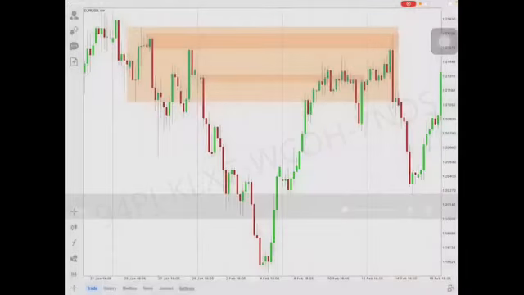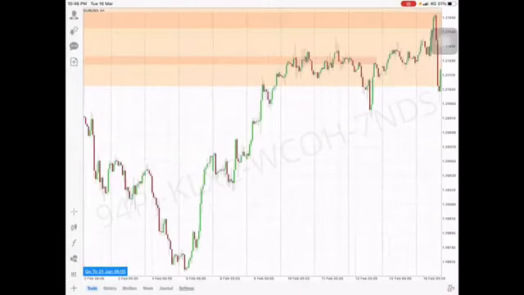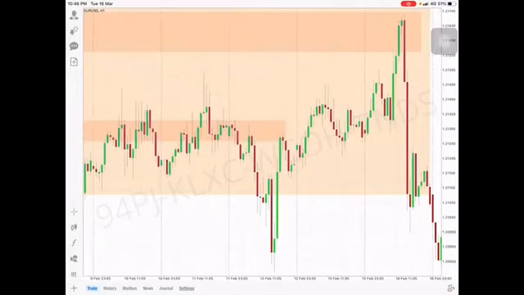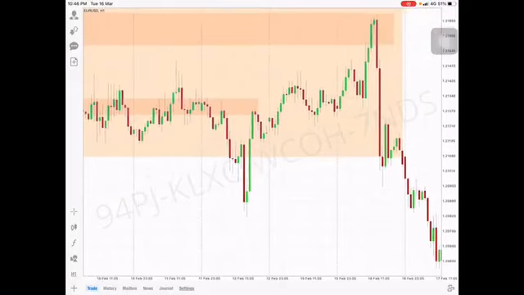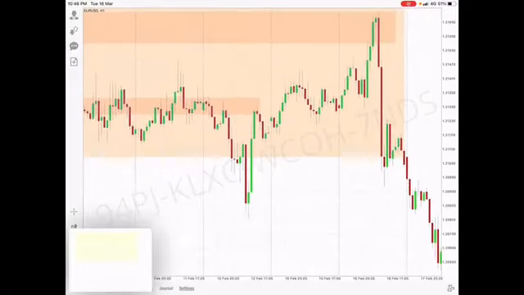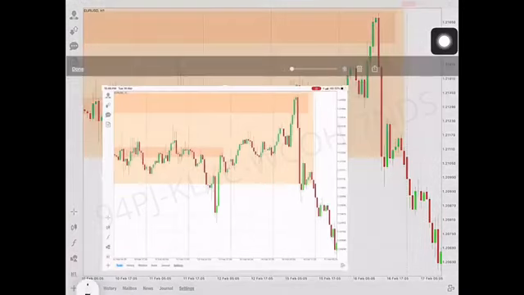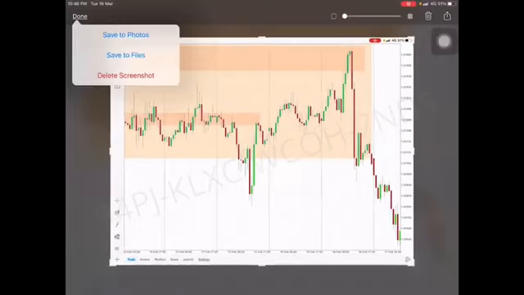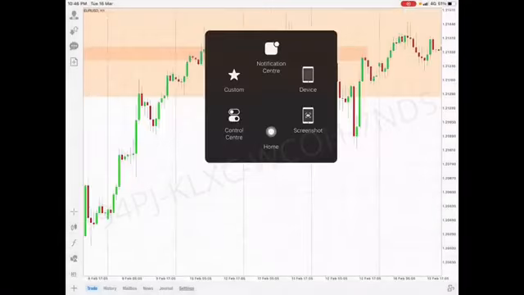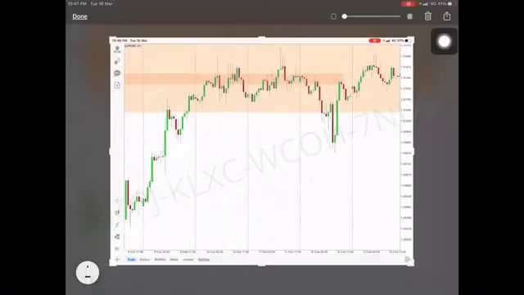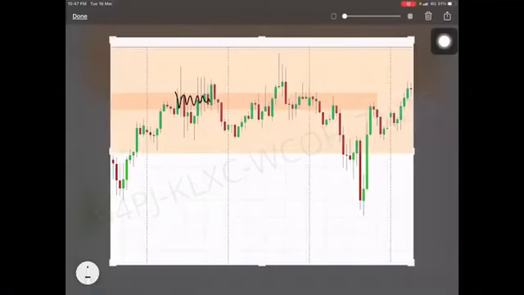Now look at this. So now you have 2 zones. When the price comes into the zone, it made sideways. This is H4. And then it has sell breakout.